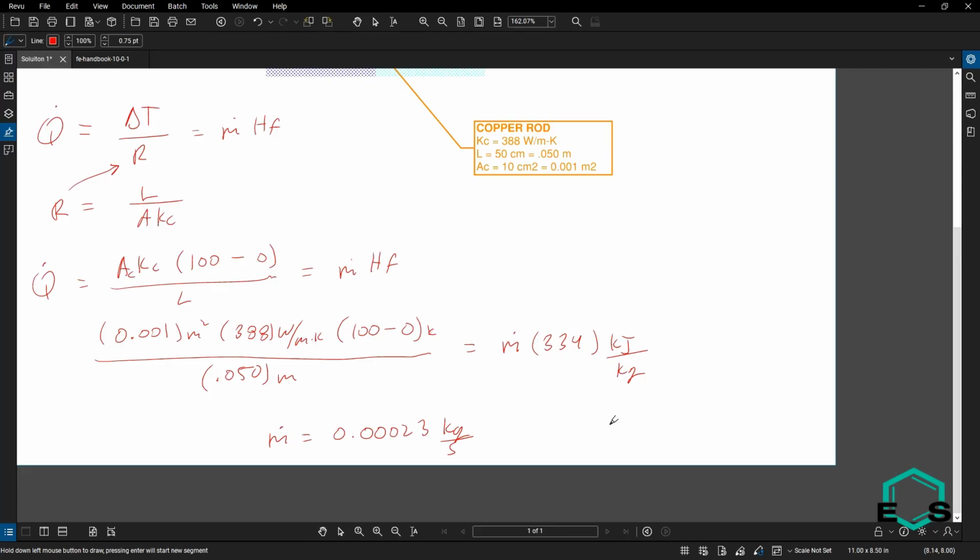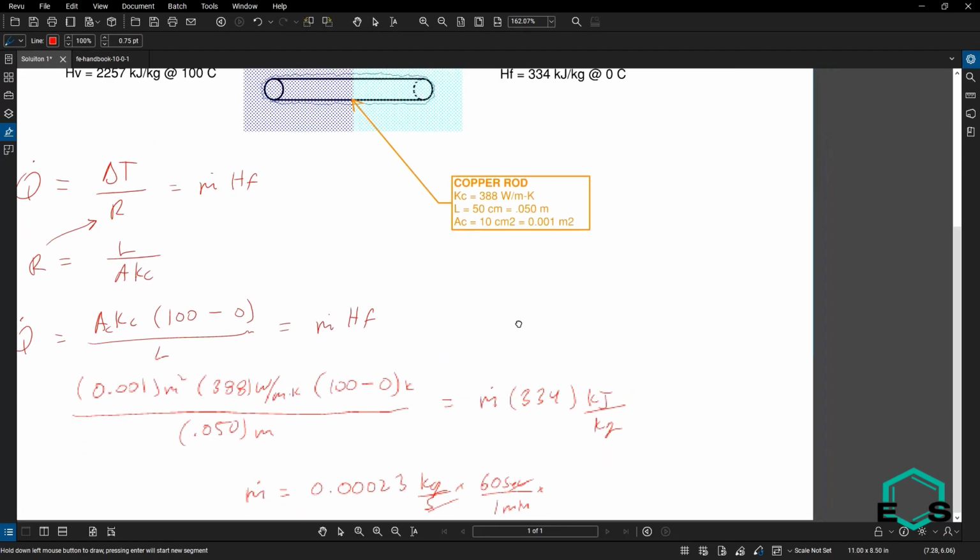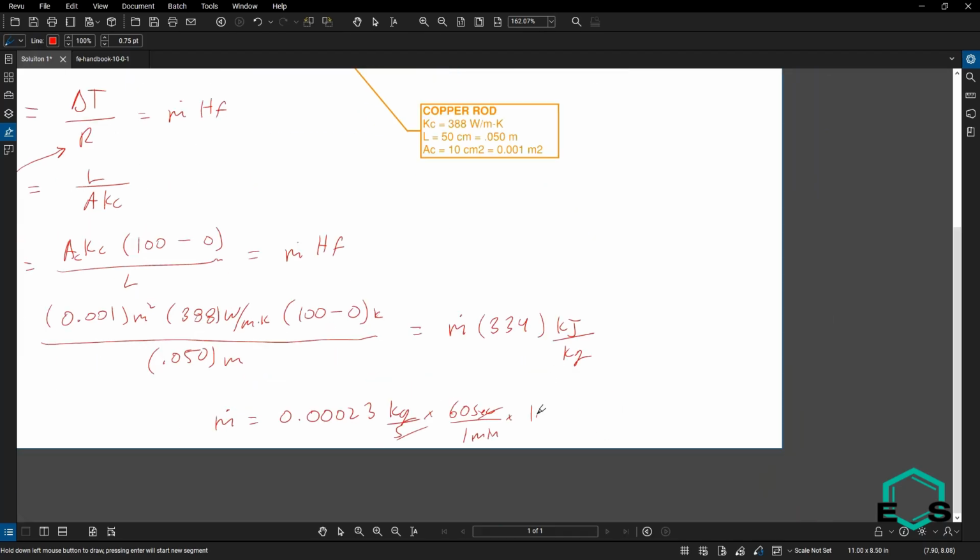So from here, it's just simple unit conversions. 60 seconds is 1 minute, times 1 minute. And this gives me 0.00023 times 60 is 0.0138 kilograms.